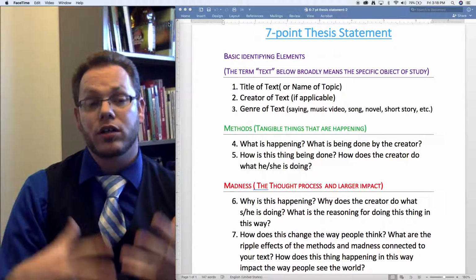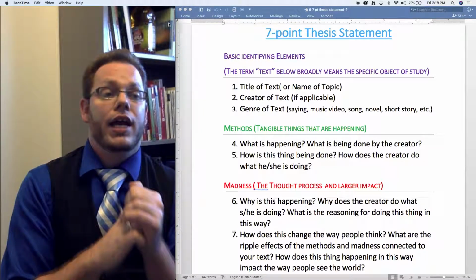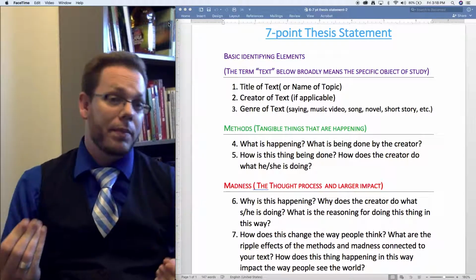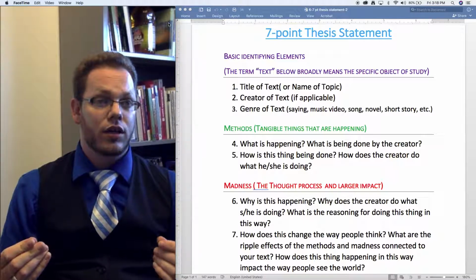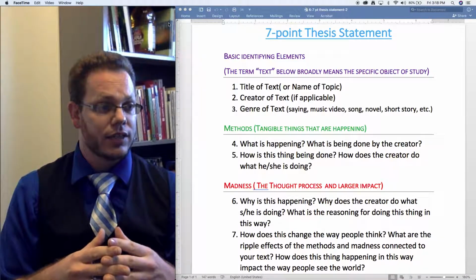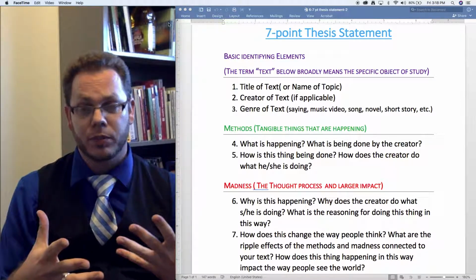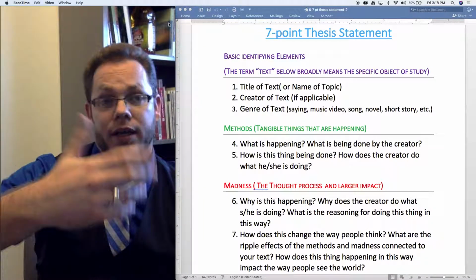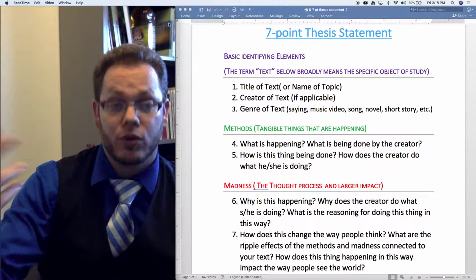It's kind of hard, if you're doing a political issue and you want to talk about immigration, it might be hard to pin down who the creator is, if you don't want to talk about a specific text, but it's more of an argumentative essay. You may not just want to say, we're going to discuss immigration, though naming it would be good.